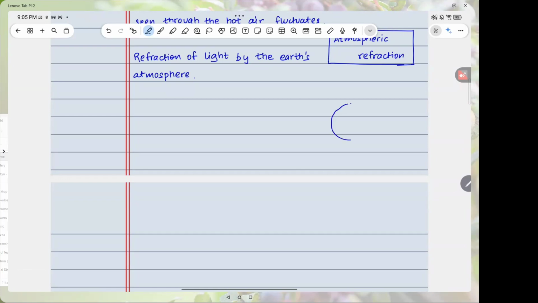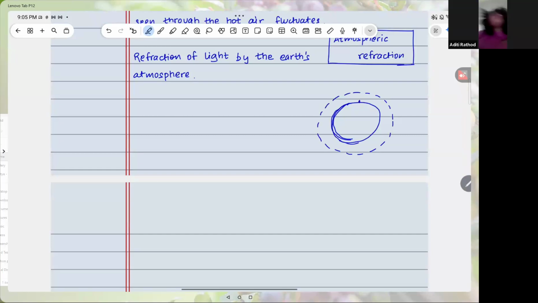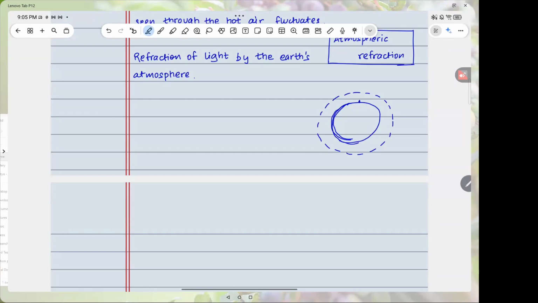Say this is Earth, and our atmosphere is around the Earth, right? So we are living on the surface of the Earth, and as we go up from the surface, the air starts to reduce.